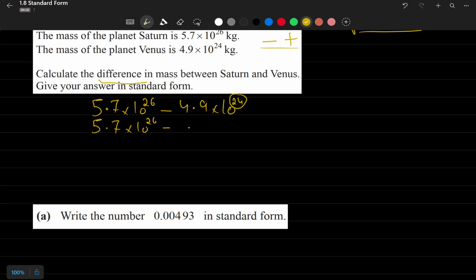The decimal moves 2 times, it becomes 0.049. The decimal was earlier here, you moved it twice, once and twice, so we add 2 in the power. 24 plus 2, it is 26 now. Now we simply have same powers, 10 raised to power 26 and 10 raised to power 26. We can subtract 5.7 with 0.049.